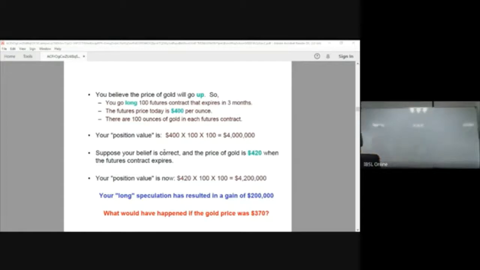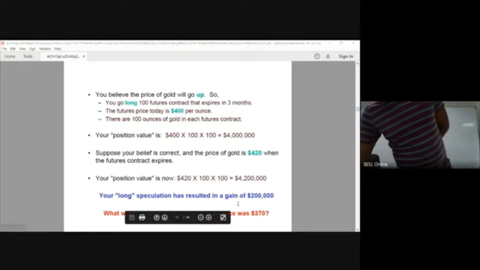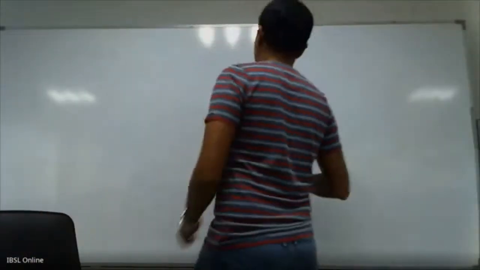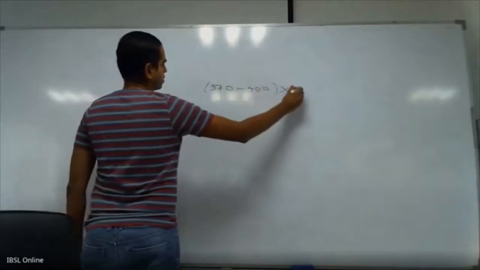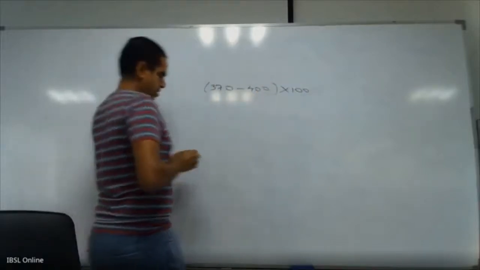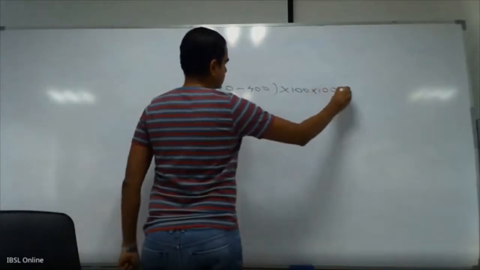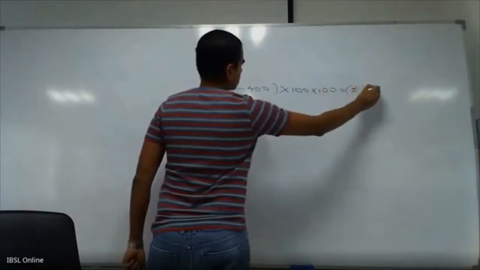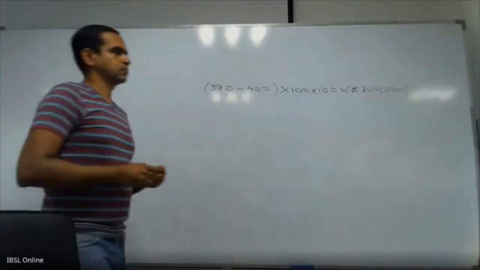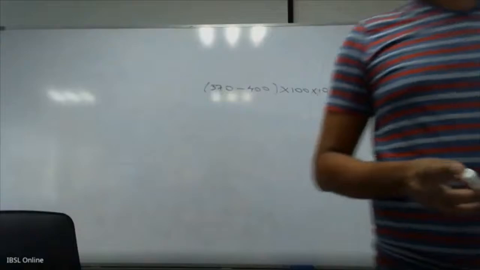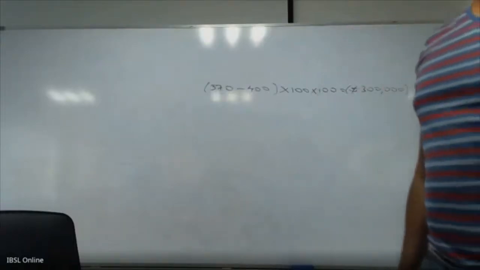Because you bought for 400 an ounce, then the price drops to 370, so you're losing $30 an ounce into 100 ounces per contract, and you're buying 100 contracts, which comes to a loss of $300,000. Clear? Any questions?